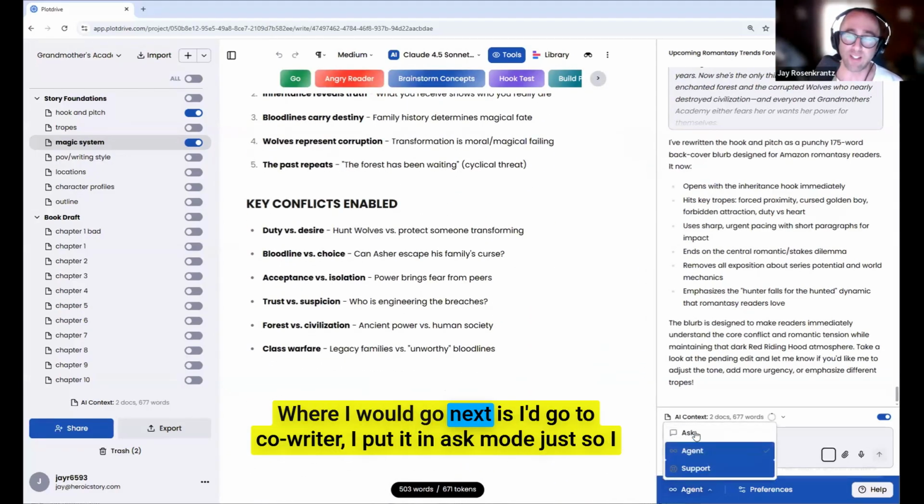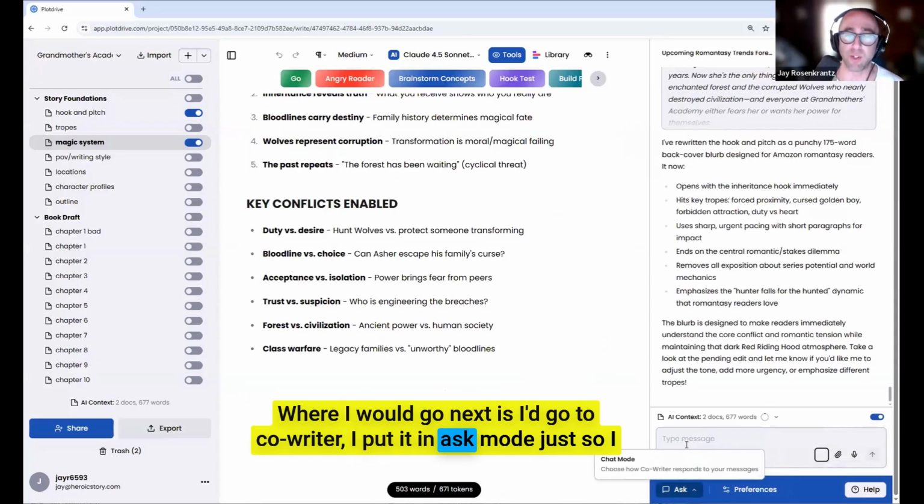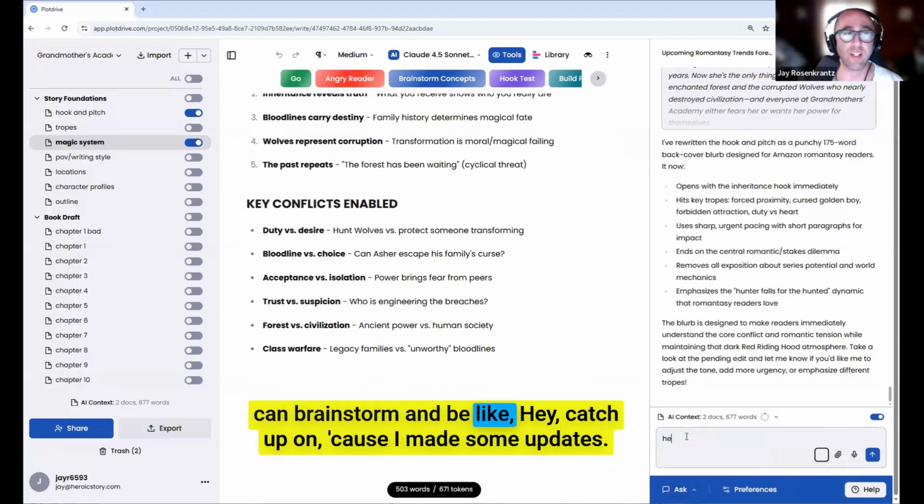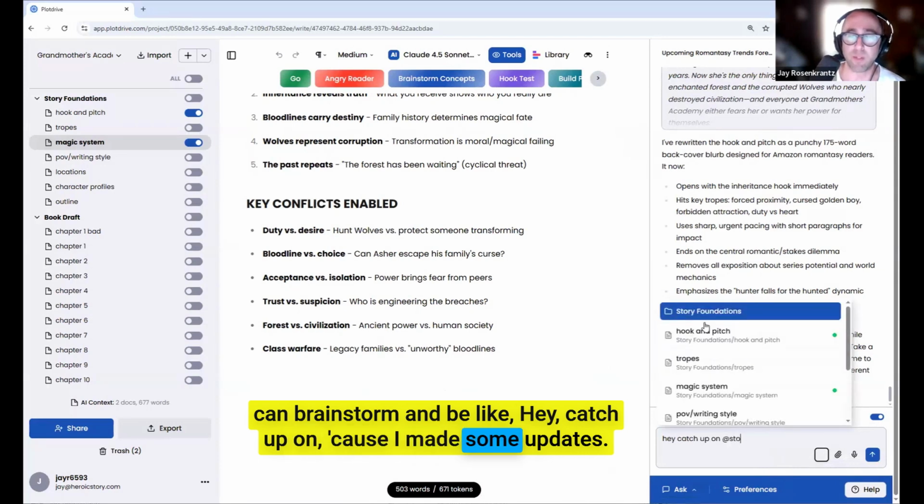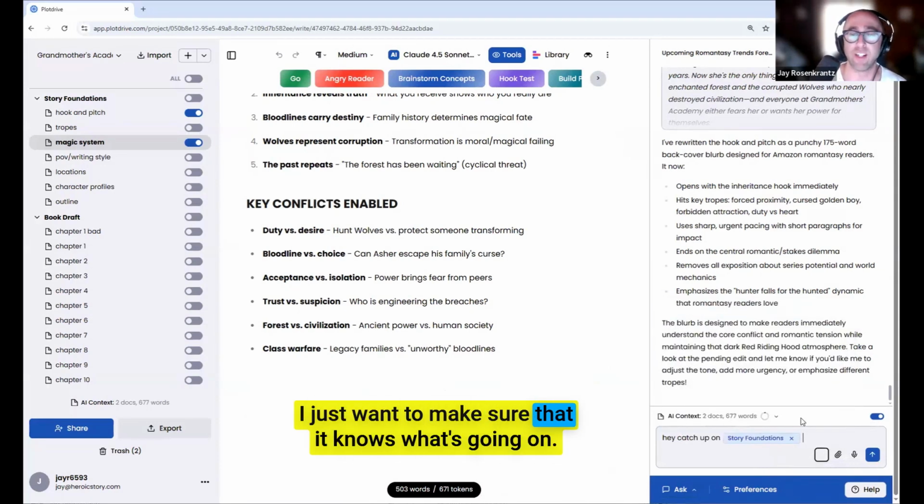Where I would go next is I'd go to co-writer, I'd put it in ask mode just so I can brainstorm and say, hey, catch up, because I made some updates. I just want to make sure that it knows what's going on.